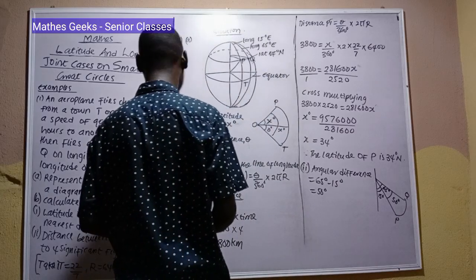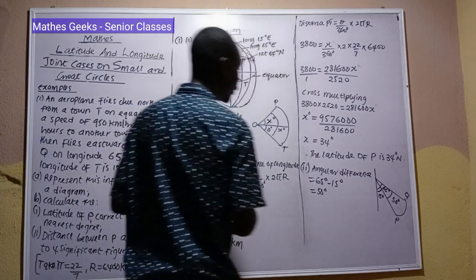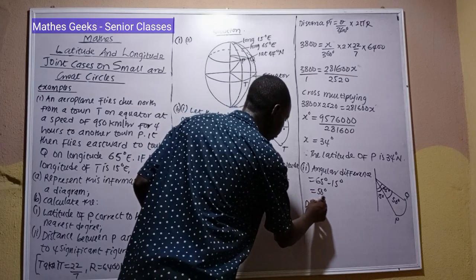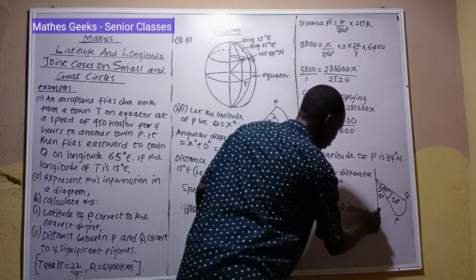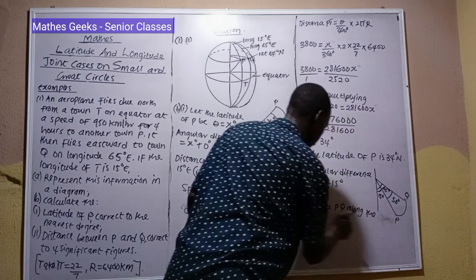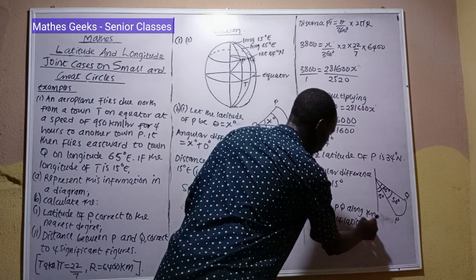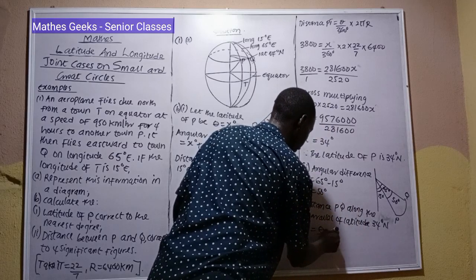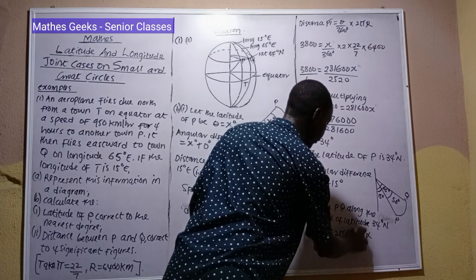Next is the distance. Because both P and Q are on the same line of latitude, the distance PQ is along the parallel of latitude 34 degrees north, which is equal to theta over 360 degrees times 2 pi r cos alpha.